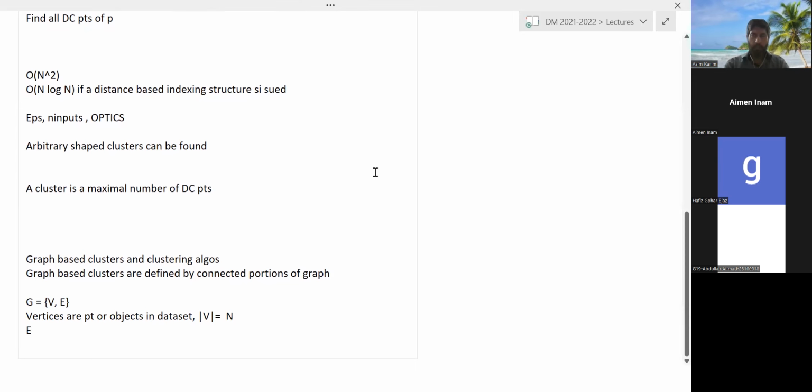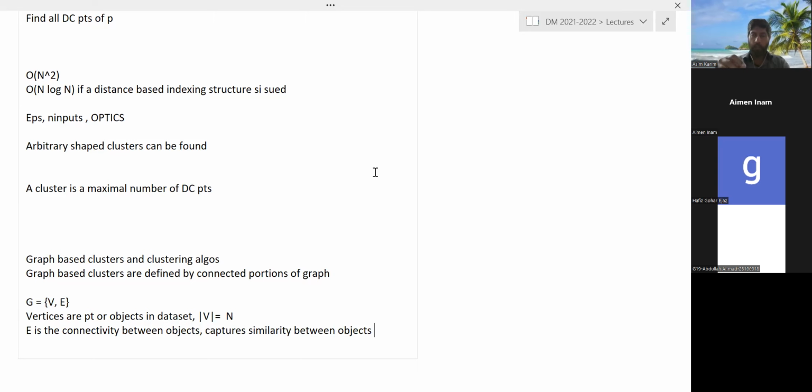So E is the connectivity between objects, and this connectivity captures similarity between objects. Okay?